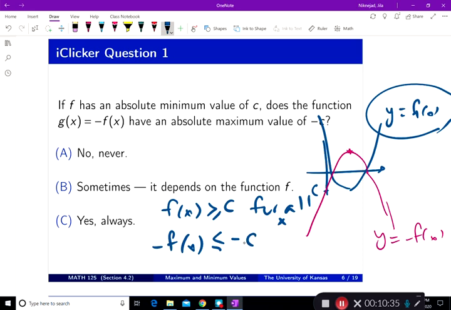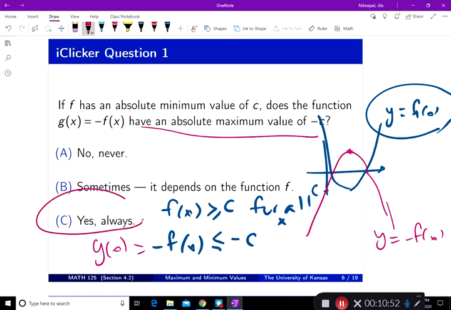Remember, if you're multiplying by a negative sign, the direction changes. And then notice that negative f of x is just g of x. So g of x is always less than or equal to negative c, and that means that g of x has an absolute maximum value of negative c. So this is correct, and it's always.